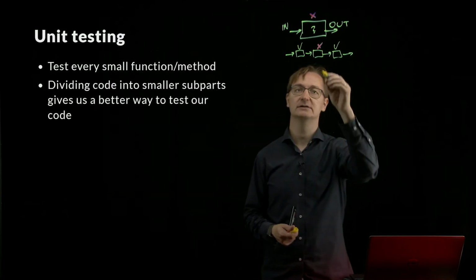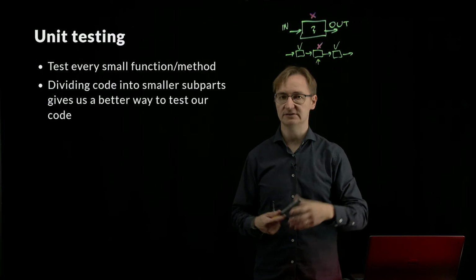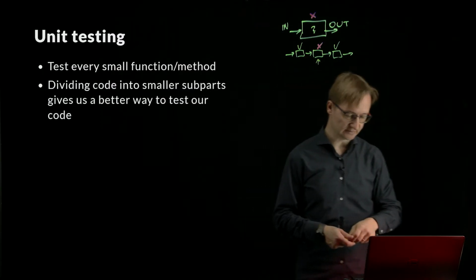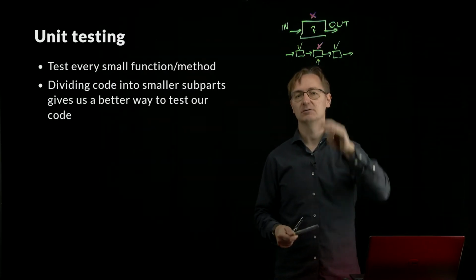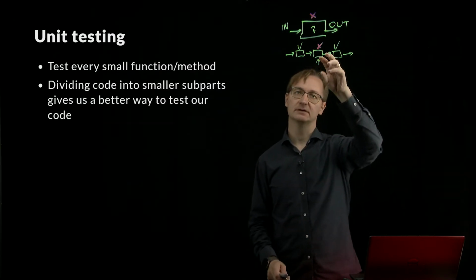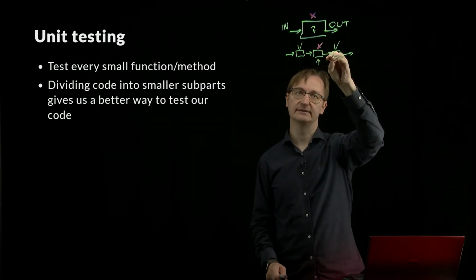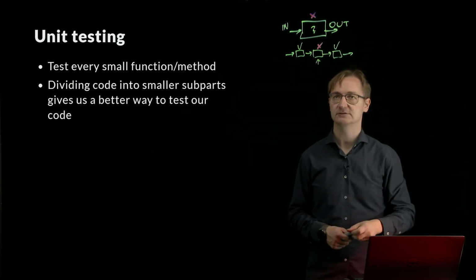Now I already know that I have to deal with this function and that I can fix it or do whatever is needed. So this is why we want to divide our code into smaller parts, so that I can easily understand where the problem is, and it's also easier to fix.